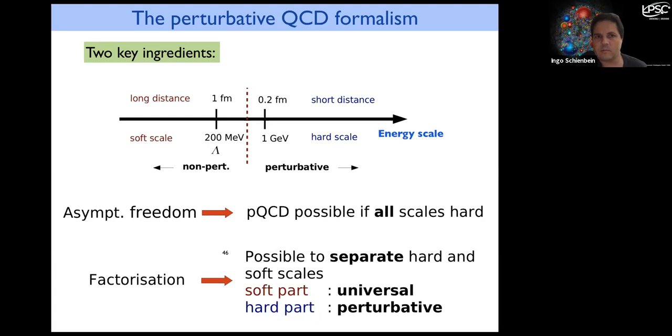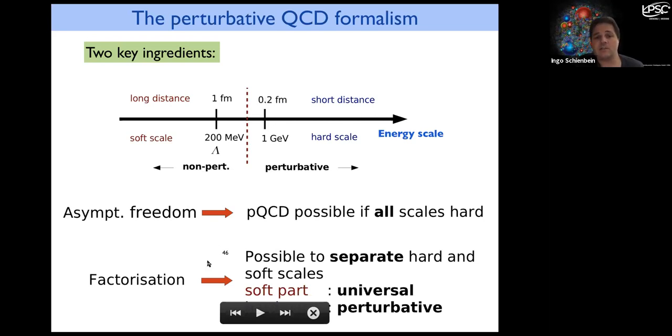So for the pQCD formalism, there are two key ingredients. First of all, there's asymptotic freedom, which tells us that pQCD, perturbation theory, is possible as long as all scales in the problem are hard. And hard scales are scales which are, say, above 1 GeV, or distances smaller than 0.2 Fermi.